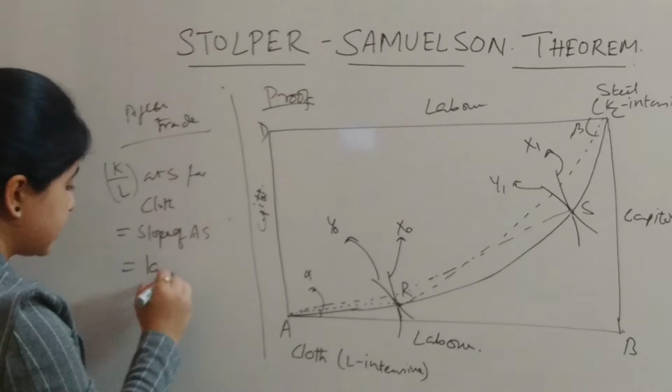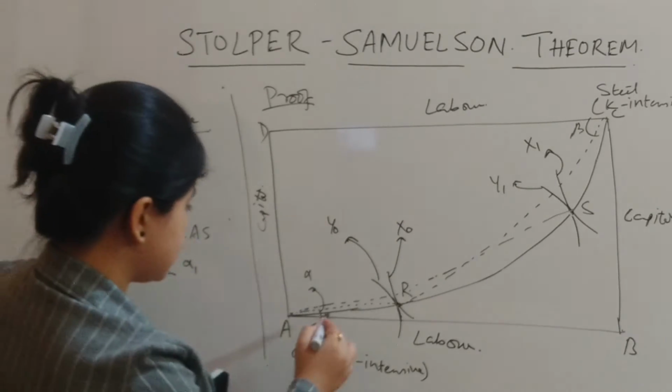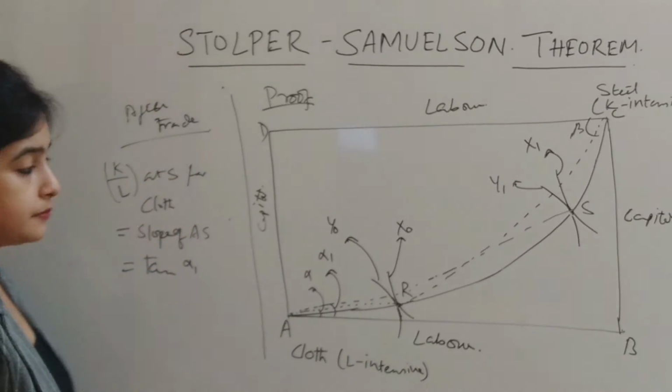Let us take this as tan alpha 1, so this angle I am taking as alpha 1.